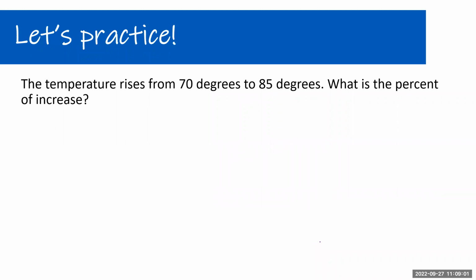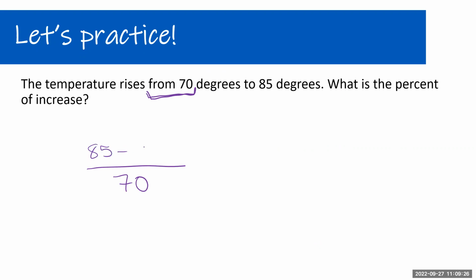Let's get a little bit of practice. The temperature is going to rise from 70 degrees to 85 degrees. What is our percent of increase? So we know from 70 means that we are going to have 70 on the bottom, okay? Because that's going to be our reference. Our temperature difference, it went from 70 to 85, so that's going to be 15.